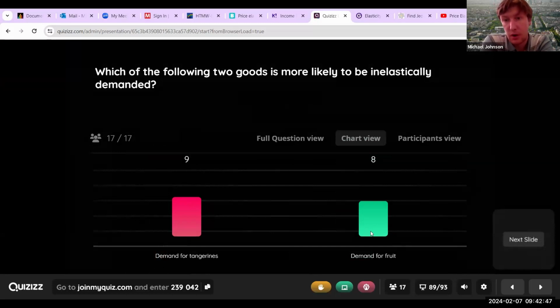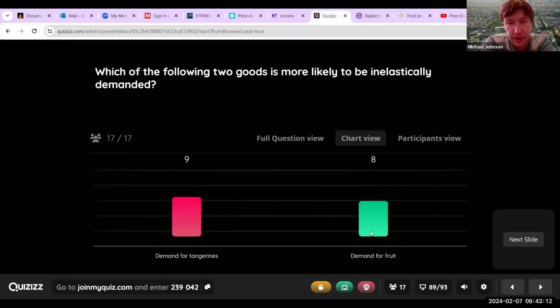Fruit is fruit. But if you go more specific into types of fruits, tangerines have many substitutes, including oranges and clementines. Any specific type of fruit is a substitute for tangerines. That's why the demand for tangerines is elastic, because there are a lot of substitutes. But if you're talking about fruit in general, there's no substitute. So it's inelastic.